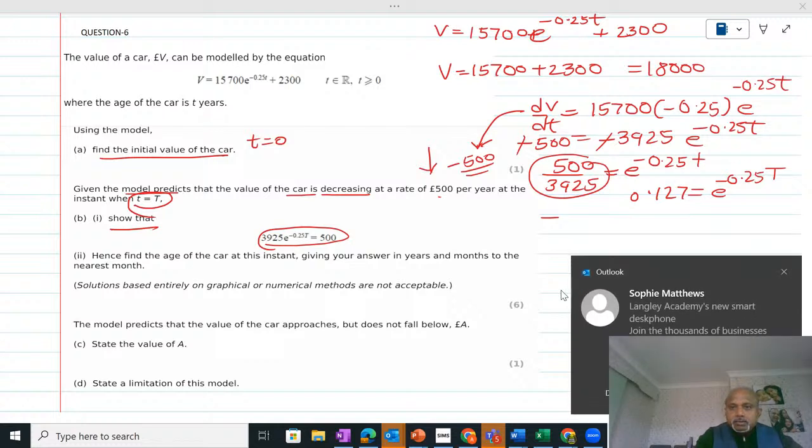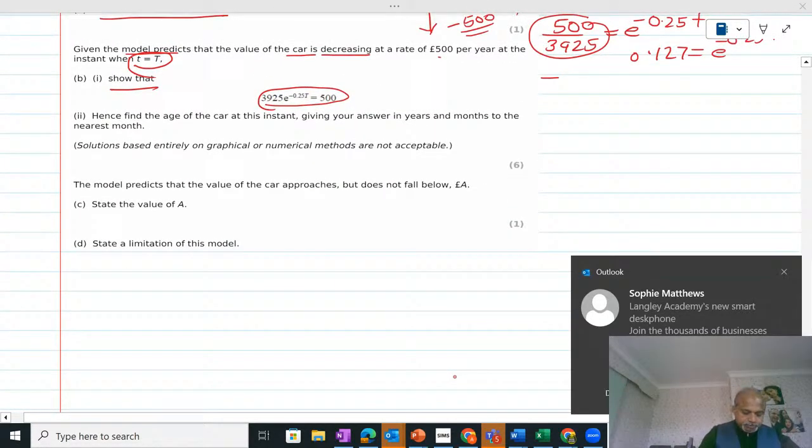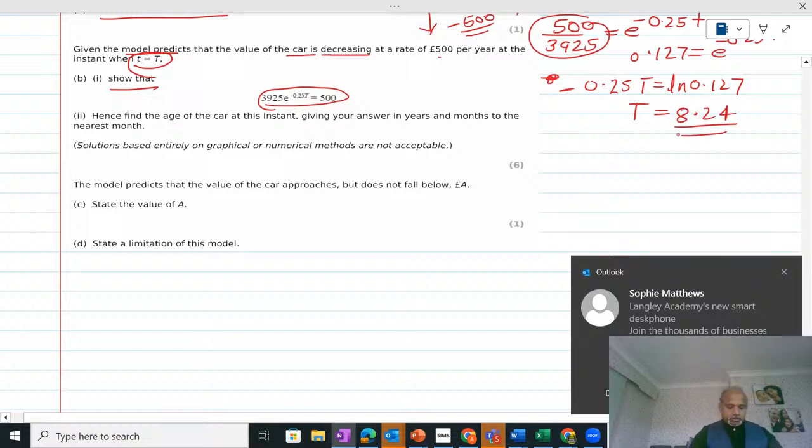Let me write that. So minus 0.25T equal to ln 0.127. So T is coming here 8.24. Or you can say it is 8 years, 3 months. Right? That is the end of B part.